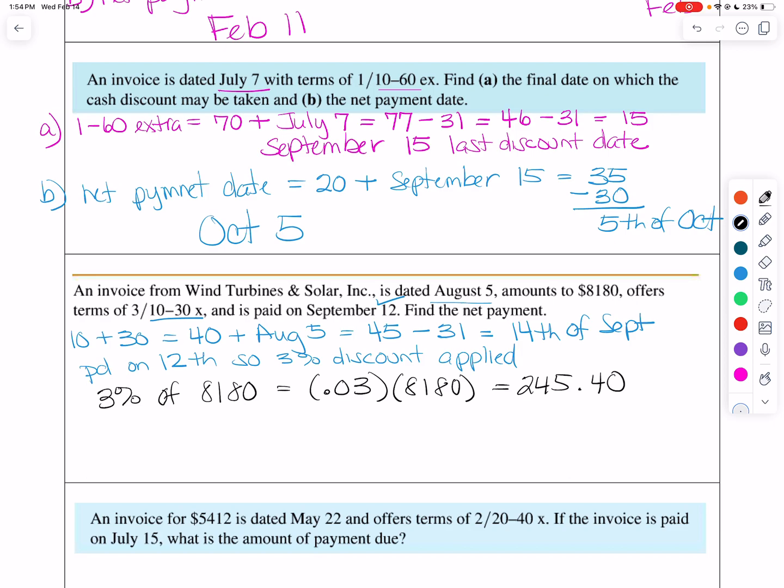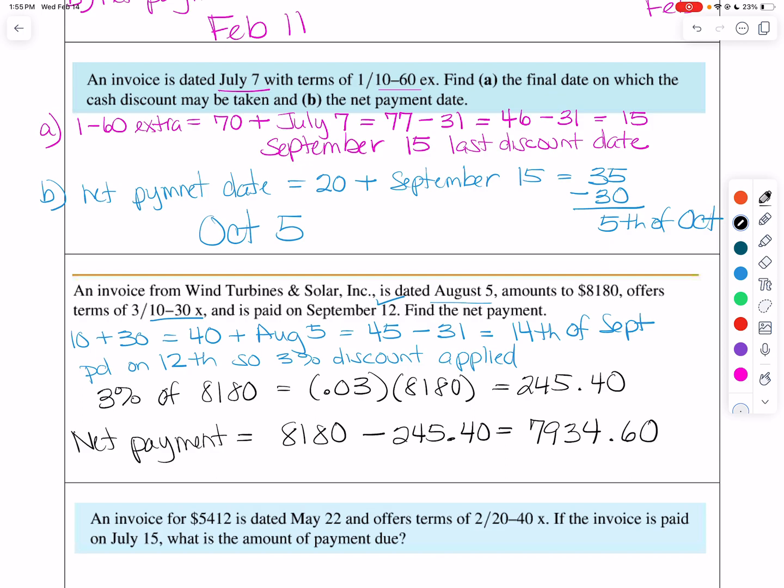And so the final net payment is $8,180 minus $245.40, which comes out to be $7,934.60.